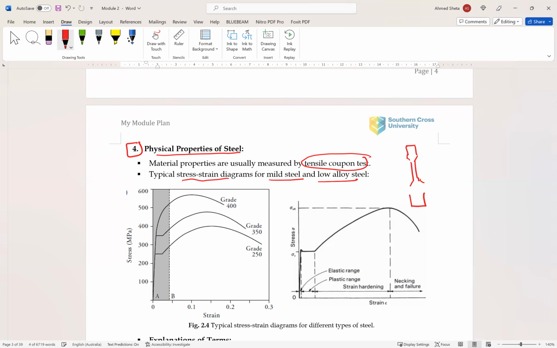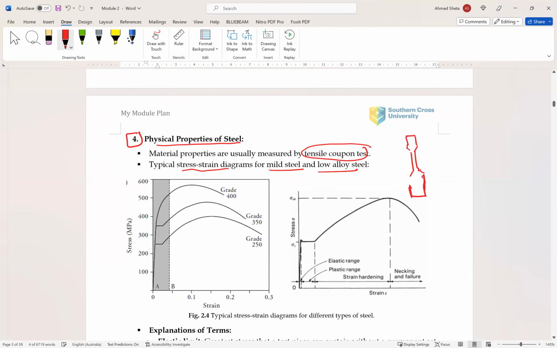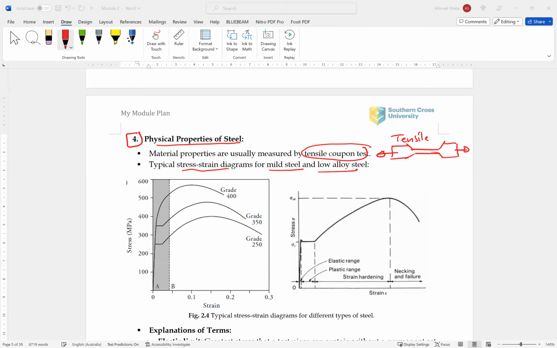So the tensile coupon test is you have a dog bone like this one. This is the sample, and the size of the sample depends on the type of steel under tension. So this sample will break, or neck, at this area with a small thickness or small width.